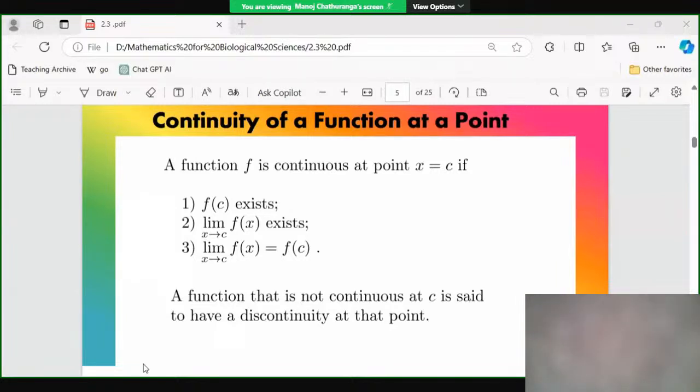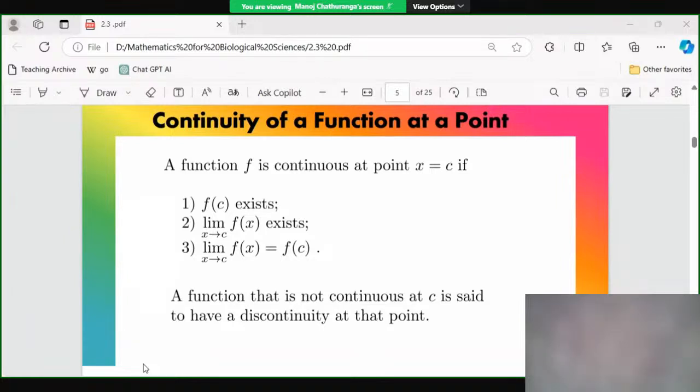We are in the middle of discussing limits and continuity. Limit of a function at a point is how the function behaves near that point, not exactly at the point. What happens to the function as the independent variable approaches that point.